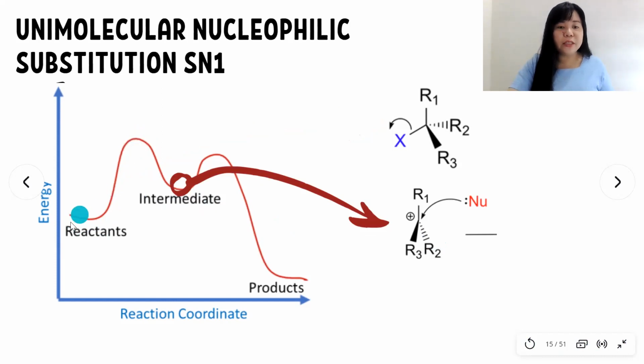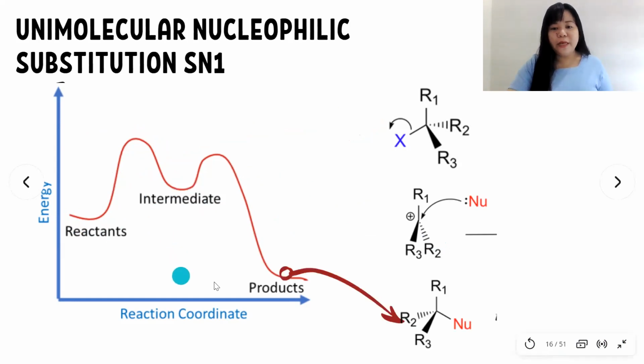And the energy difference between the reactants and the transition state would be equivalent to the first activation energy. And then finally, the products are more stable than the reactants, so that would correspond to the substituted substrate.